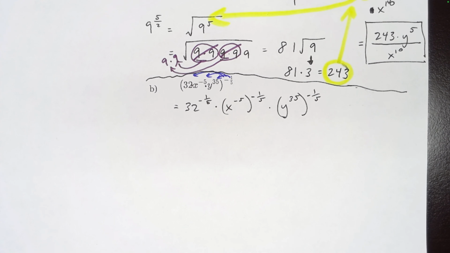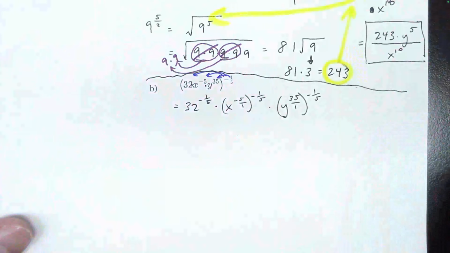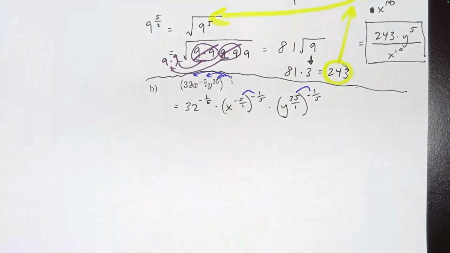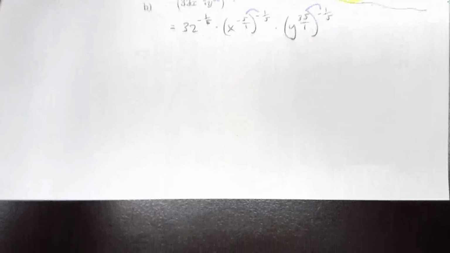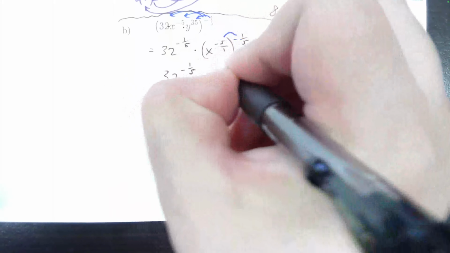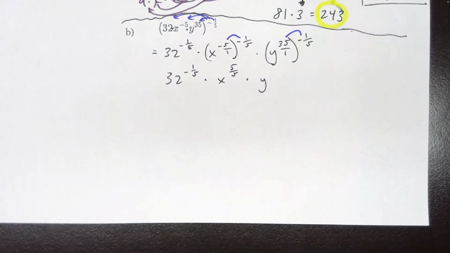I still have parentheses, so I got to multiply. Multiply, multiply. So when I multiply, I get a negative times a negative, which makes a positive: positive 5 over 5. Negative 5 times negative 1 makes positive 5.